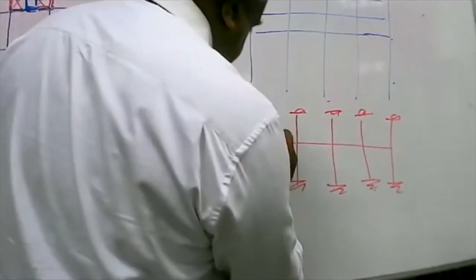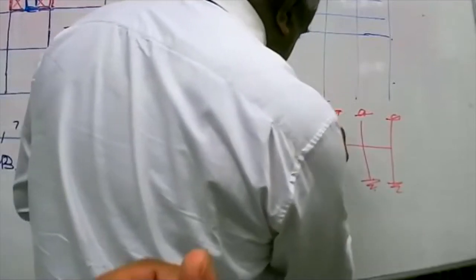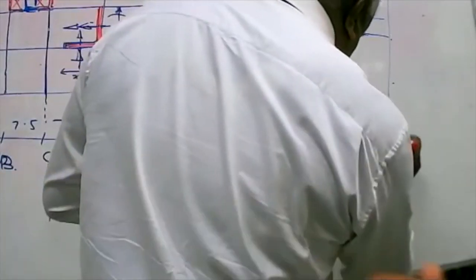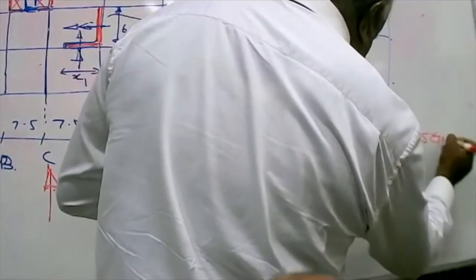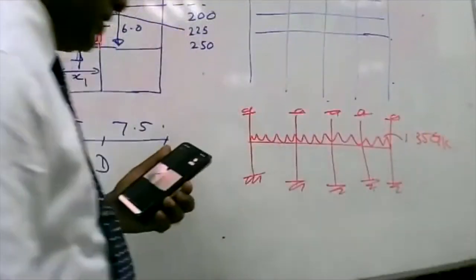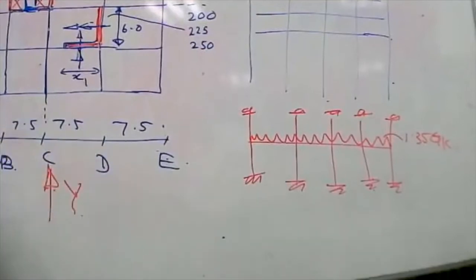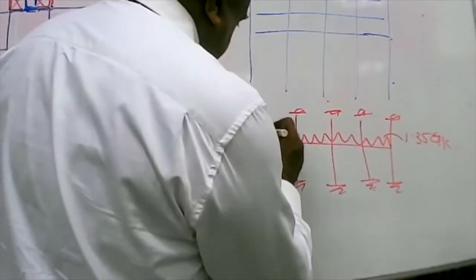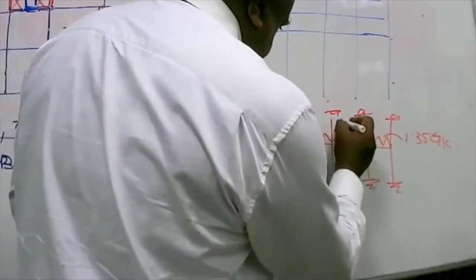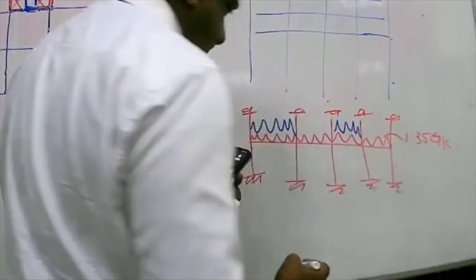In Eurocode, we consider all the spans loaded by 1.35 Gk for dead loads. But when it comes to the live load, here we get the live load, here we get the live load, and so on.